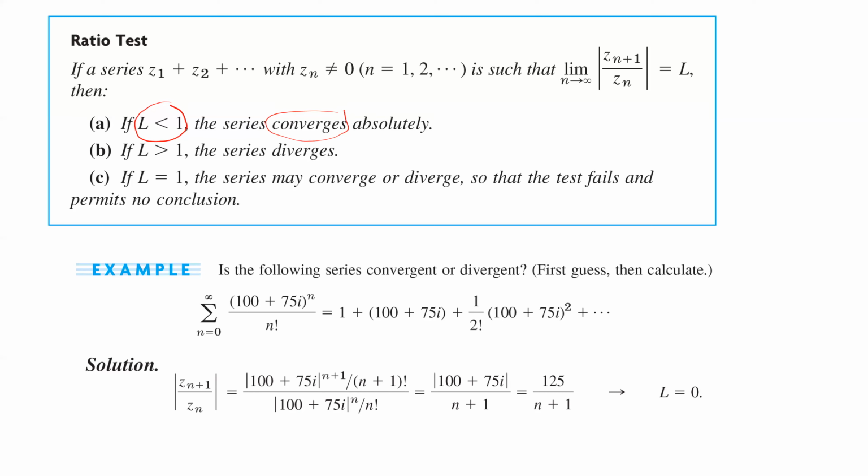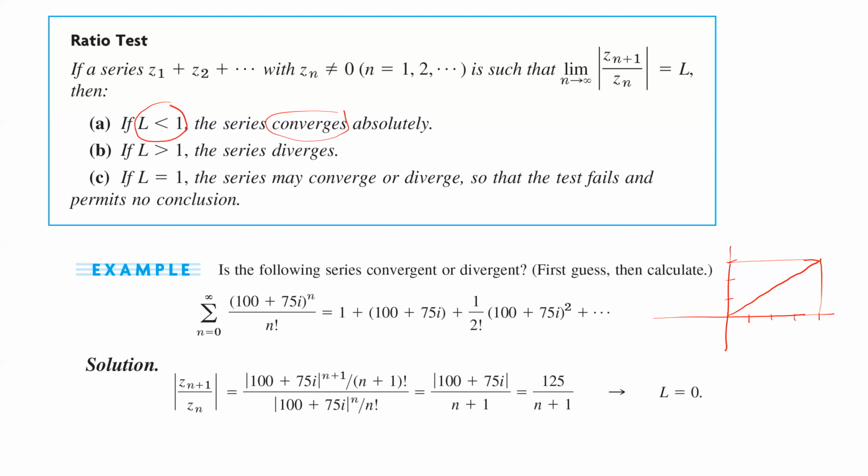Can you explain how you go from the absolute value of 100 plus 75i to 125 again? Oh, this absolute value. Yes, sure. This is a complex number that has 25, 50, 75, 100 along one axis, and 25, 50, 75 along the other.